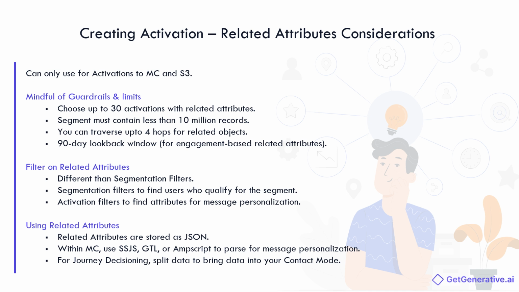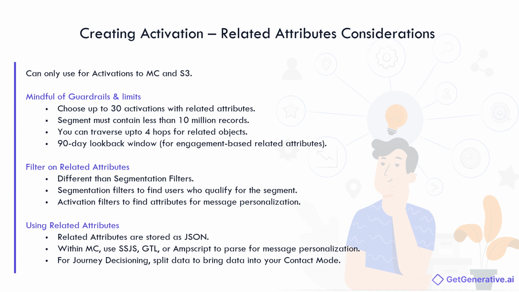That's how Data Cloud manages giving you just one row. Within that one row, you'll have the unified individual ID, first name, last name, etc., but then a JSON structure if there are more records. This JSON structure needs to be parsed outside of Data Cloud by any external system that's ingesting it. With Marketing Cloud, for instance, you can use SSJS or mscript to parse the related attributes for message personalization, and even for journey splits if you have to.